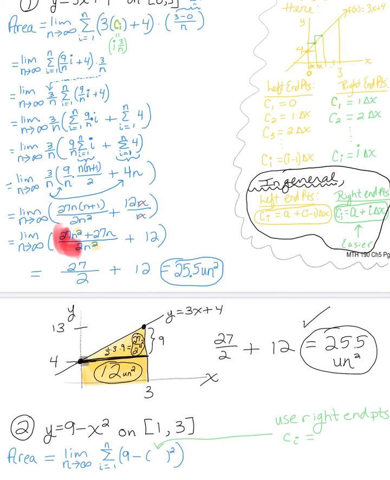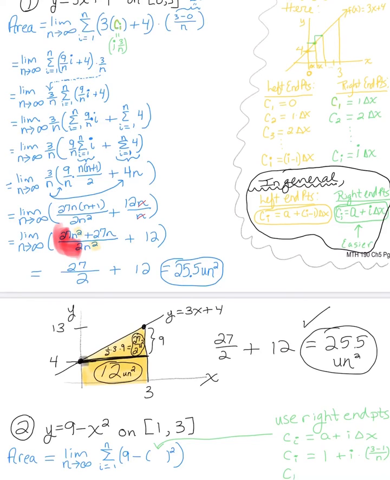So c sub i is equal to a plus i times delta x. So the a in this case is 1, plus i times, and our delta x in this case is b minus a, so 3 minus 1 over n.